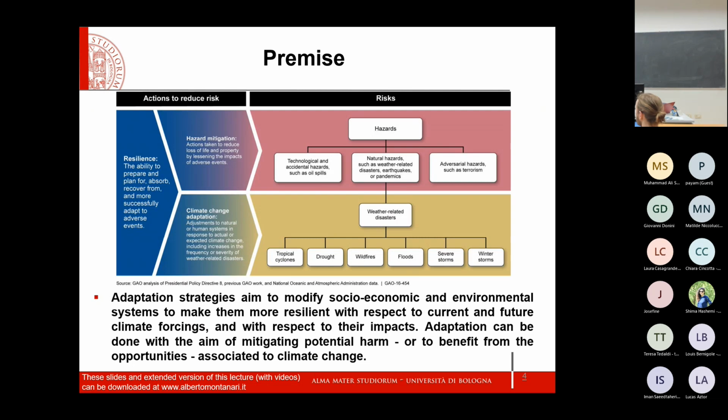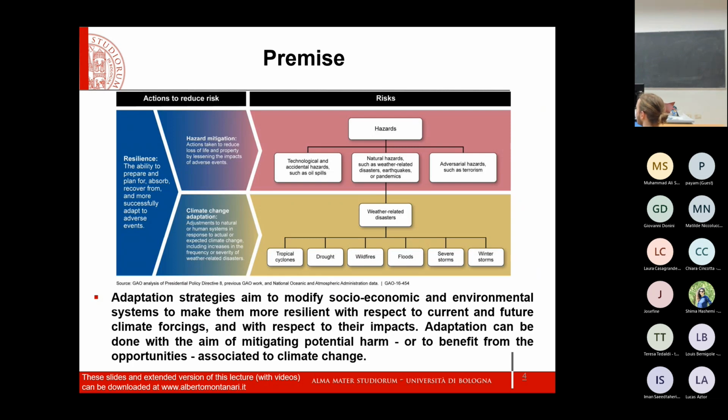So this is a definition that you really need to learn. This may be a question on your quiz, because resilience is the target of any climate action, mitigation or adaptation, and especially adaptation, because of course it is perfectly fitting the definition of resilience.